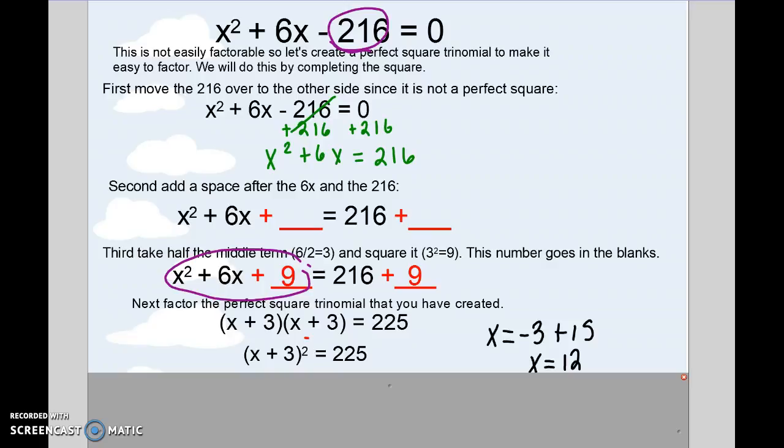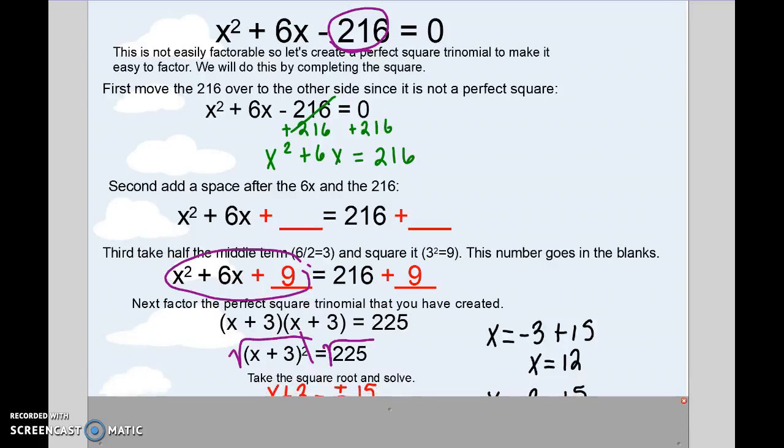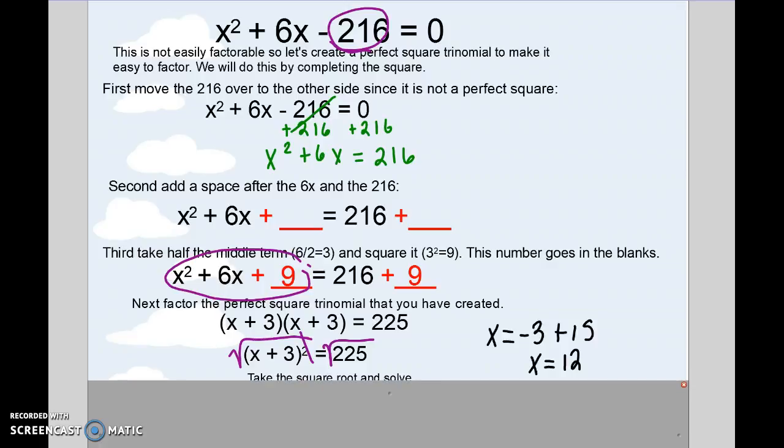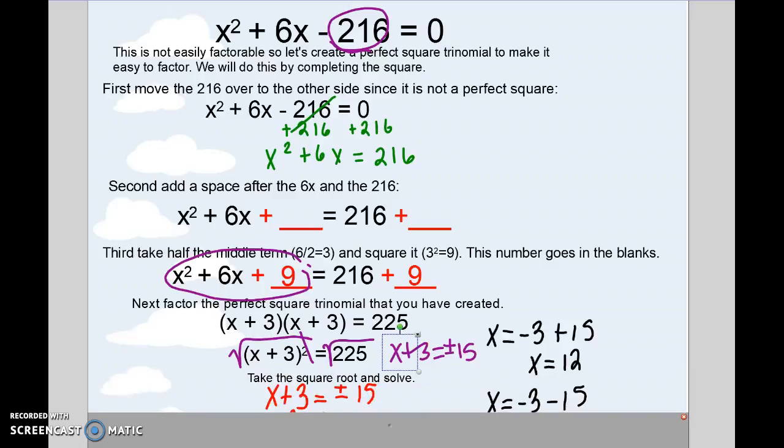Now in order to solve this, I need to take the square root to get rid of the square. So that's going to cancel out the square. And that's going to leave me with just x plus 3 equals plus or minus 15, because any root comes out as a plus and a minus. And I'm going to move over the 3 to get x by itself.